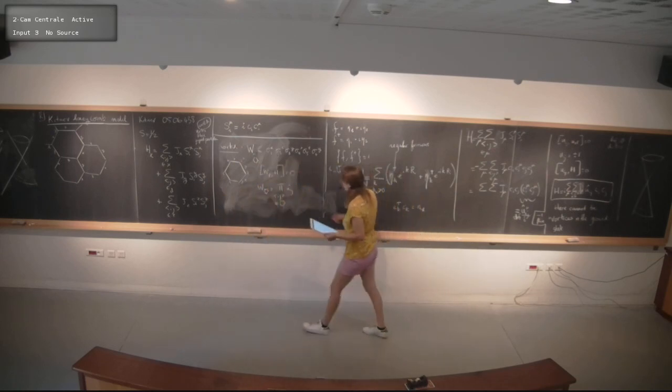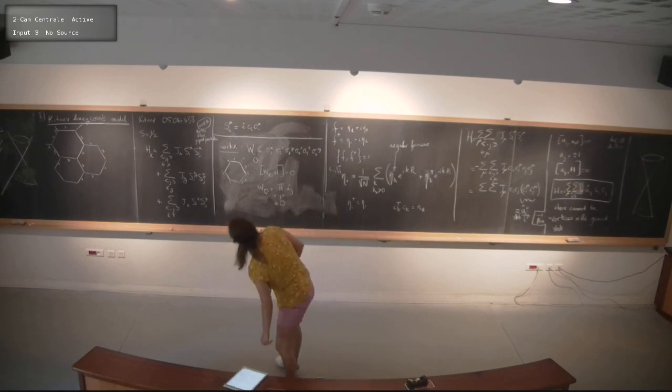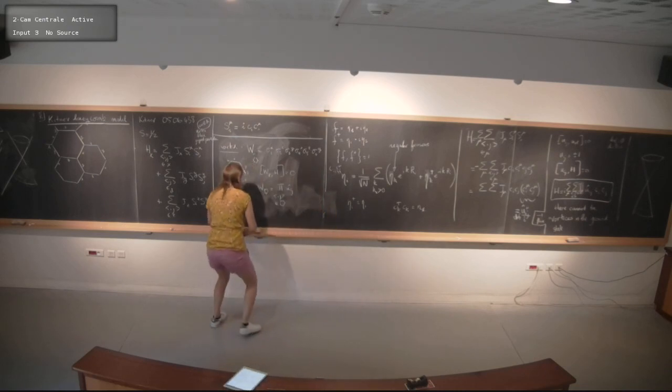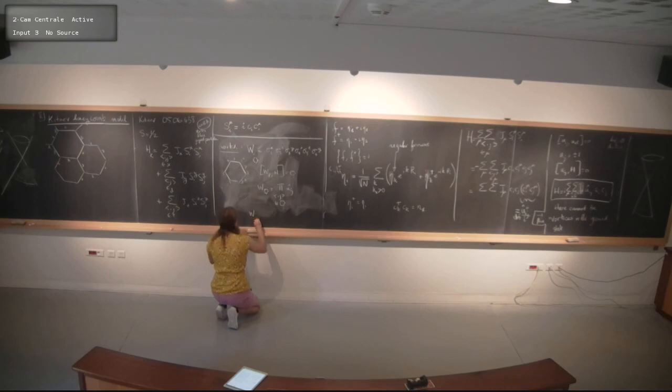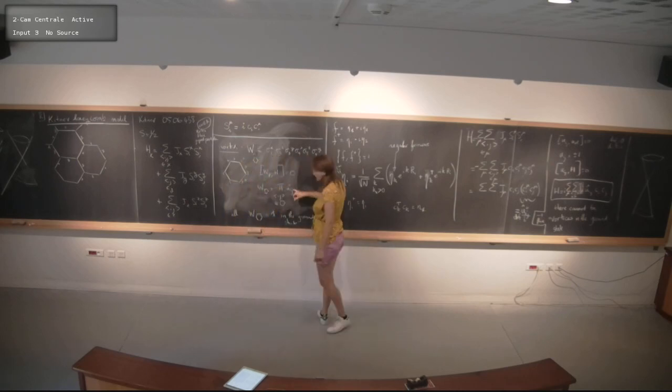In the ground state, we're told that all the W's, over all hexagons, have to be 1. One way to achieve this is just to choose that all the Uij's are 1.